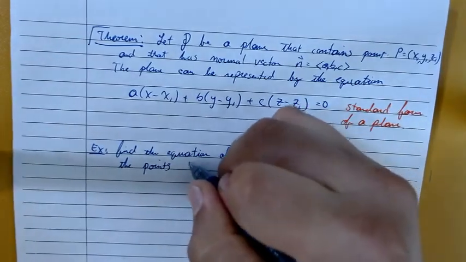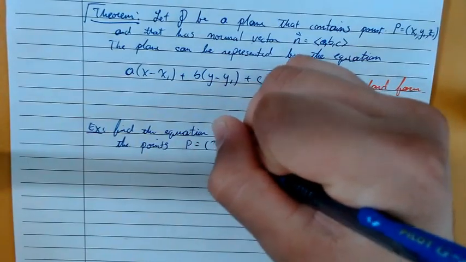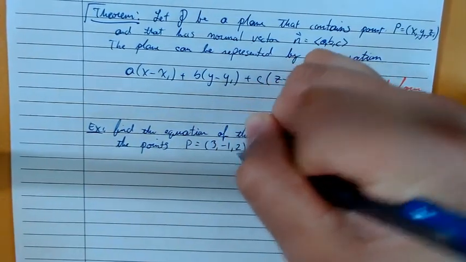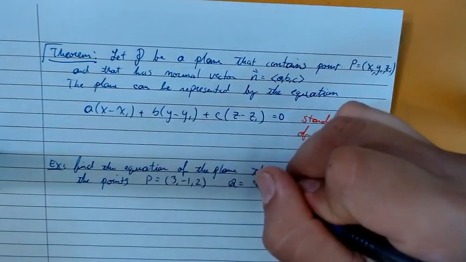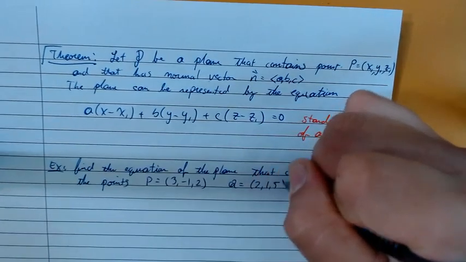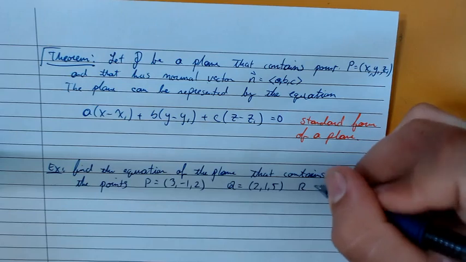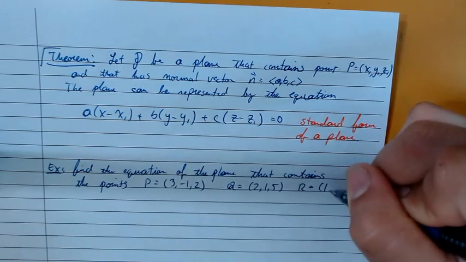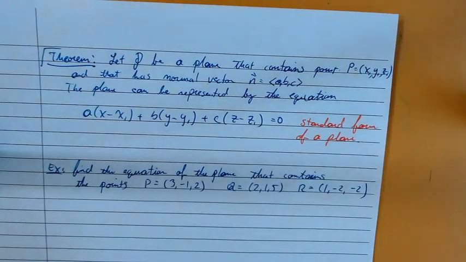And here we're going to give 3 points. P is going to equal 3, -1, 2. Q, which is going to be given by 2, 1, 5. And we'll say R, which is given by 1, -2, and -2. Just like that.